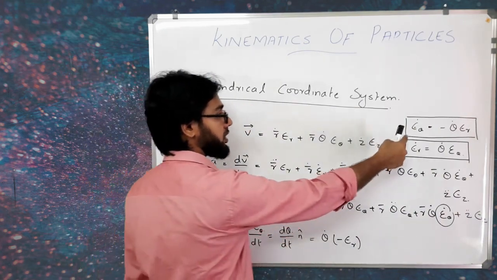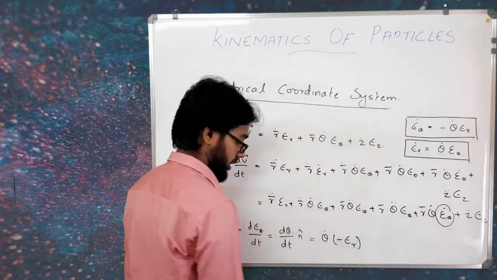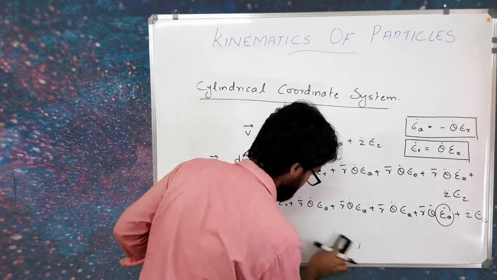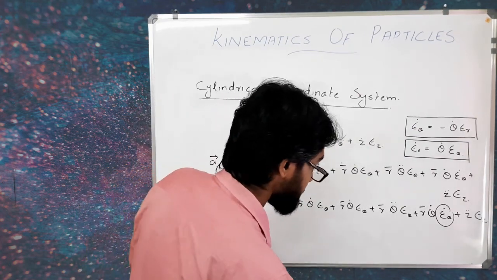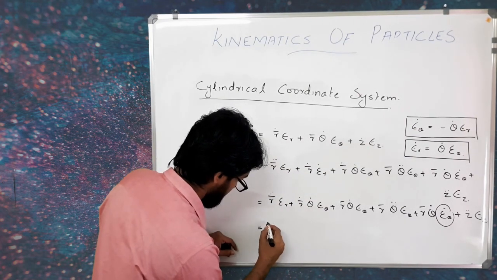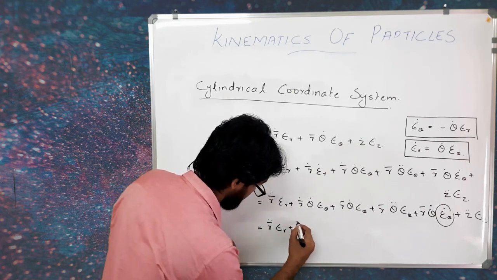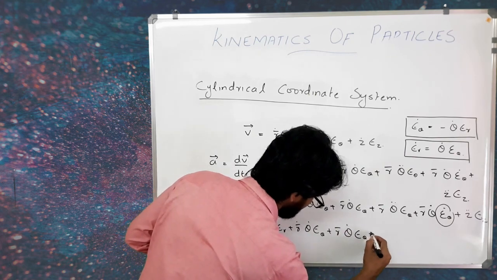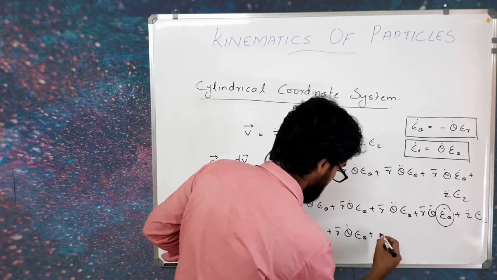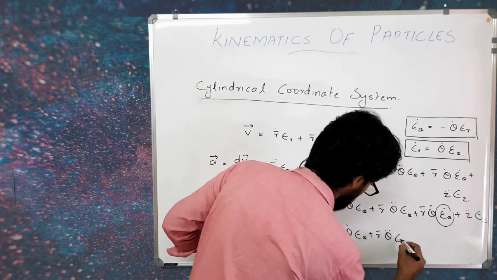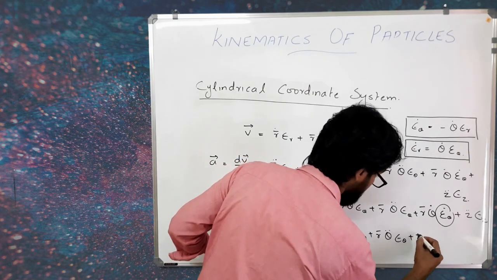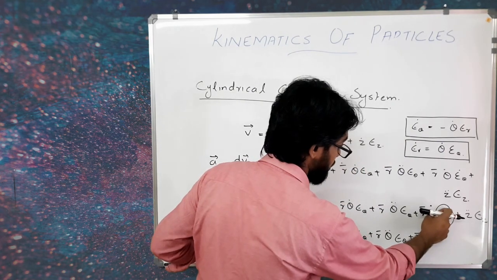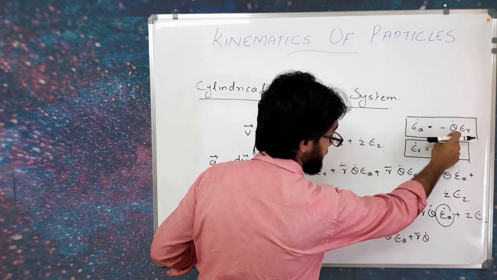So substituting this corresponding value here, I would get epsilon theta dot is equal to minus theta dot and epsilon r.